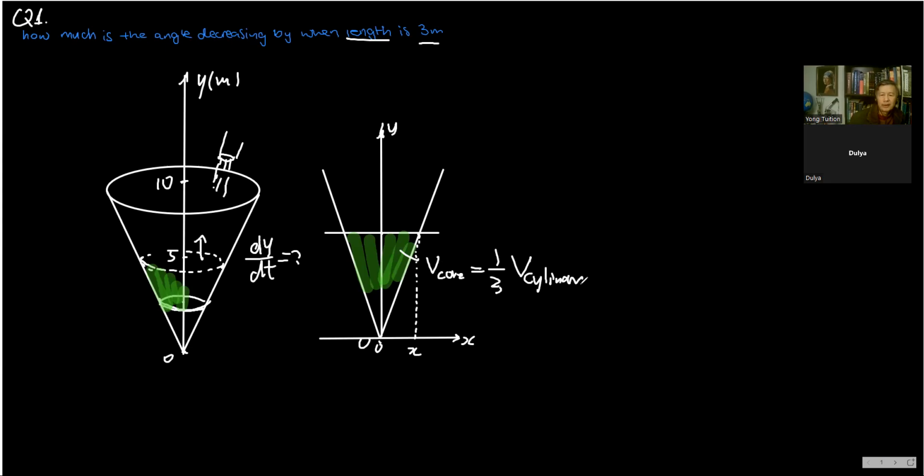What is the formula for the cylinder then? If this height is y, what is the cylinder formula? It's pi r h, which equals this area. How can I find this area?